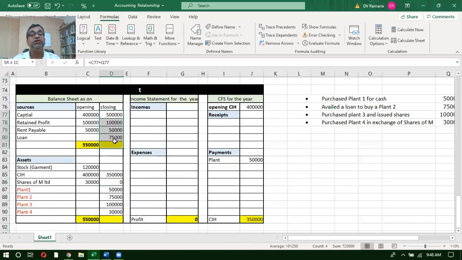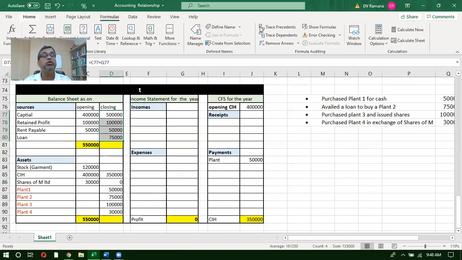So the summation of sources is equal to 725,000, and no change in the garments. So the summation of assets should also be 725,000.